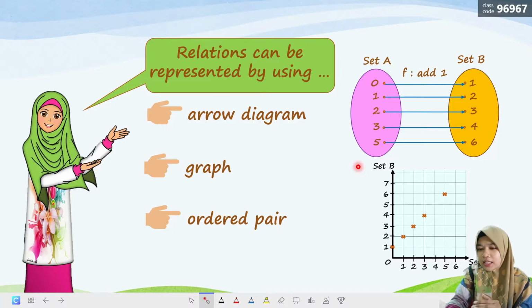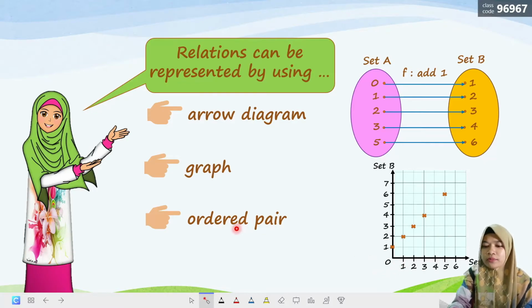Set A 0, set B 1. So here. Then set A 1. When set A is 1, set B is 2. When set A is 2, set B is 3. Look at here, and so on. What can we see here? We can see its relationship. Here, a 1 to 1 relationship.